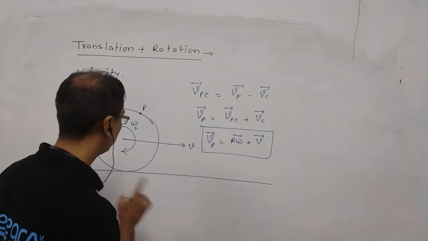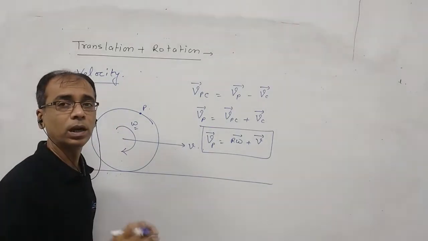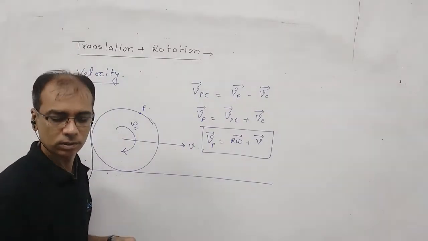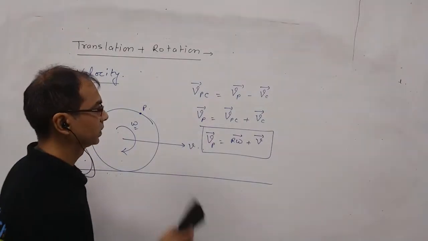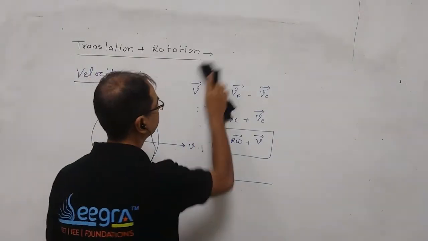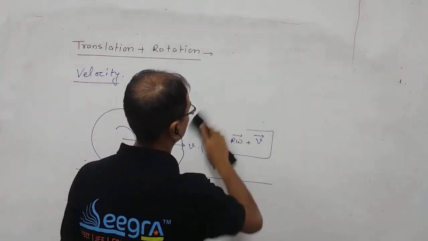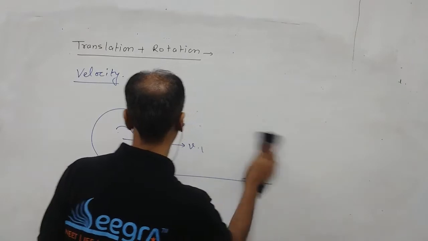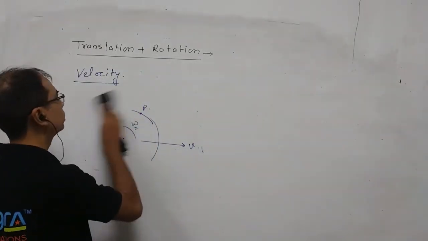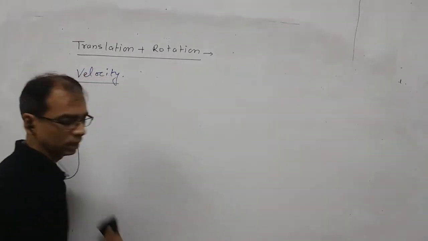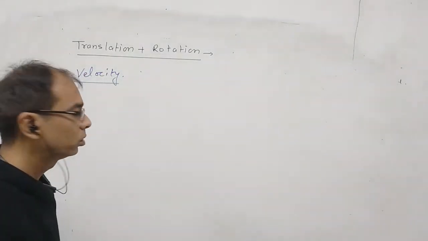Now I am going to combine and show you how the velocity of each particle is, what is the direction, everything we will see. So this is clear, right? Okay, now I am going to make both separately, one for translatory motion and one for rotatory motion.